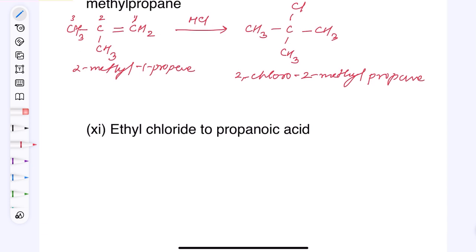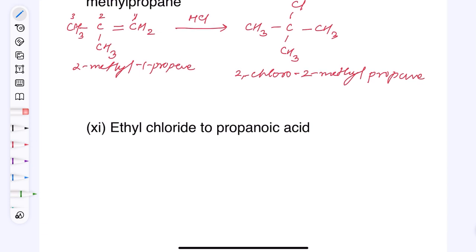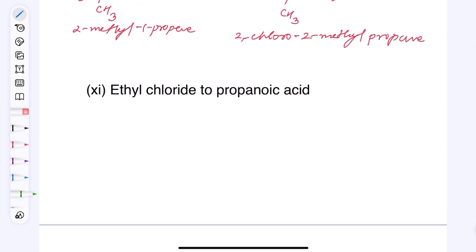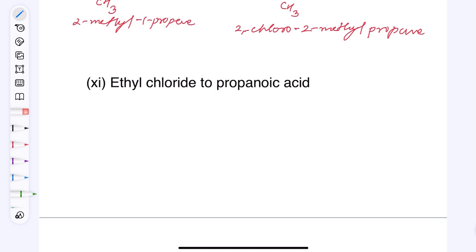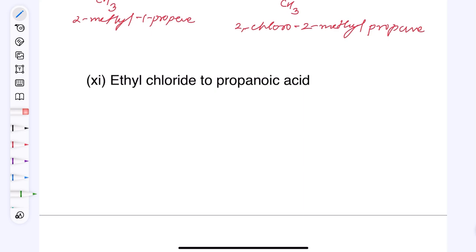Let us go to the next, and that is ethyl chloride to propanoic acid. Ethyl chloride is written as CH3 CH2 Cl. This is your ethyl chloride, 2 carbons with chlorine. Now it is to be converted to propanoic acid. The first step is we treat it with potassium cyanide in the presence of ethanol.